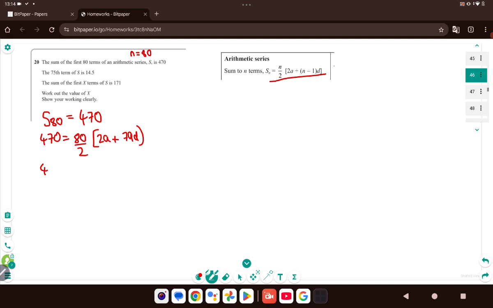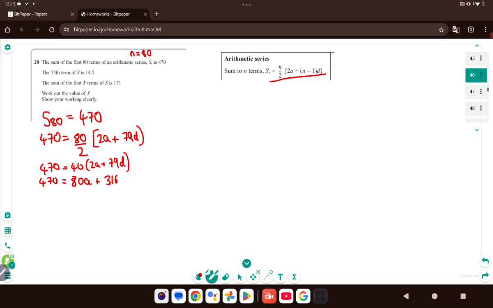Let's just simplify that a bit. 40, let's expand our brackets. Often in these questions with arithmetic series, we do have simultaneous equations, with a's and d's.